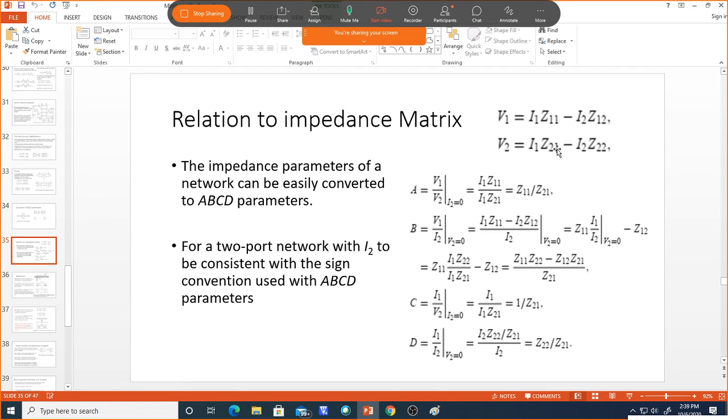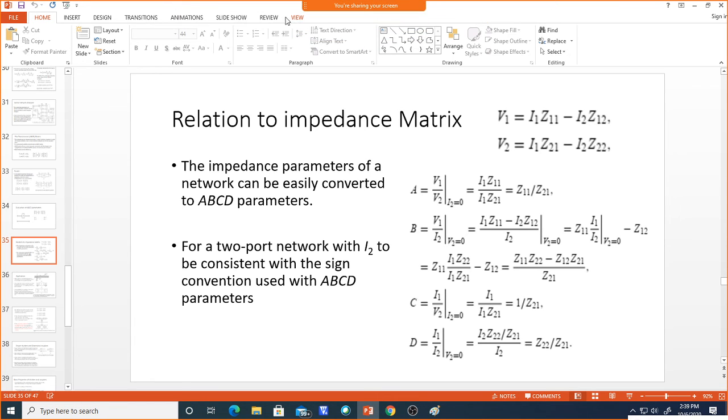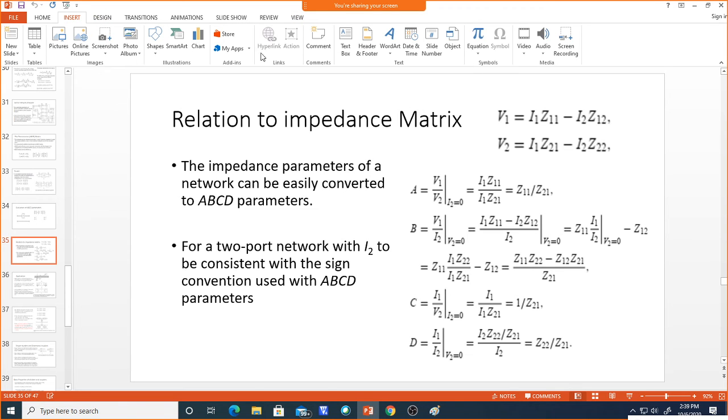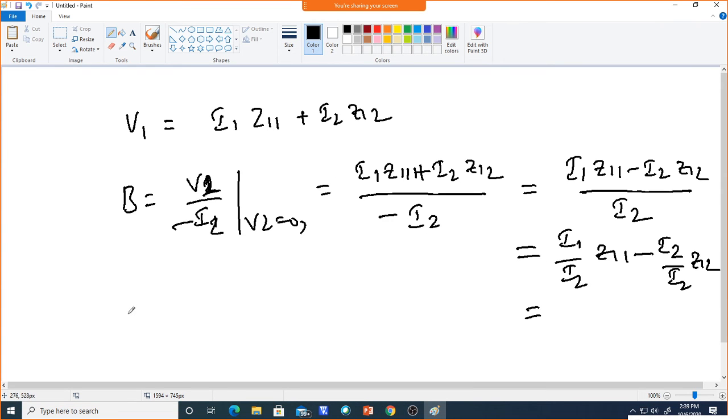Since V2 is 0, you can write here, insert, since V2 equal to 0, I1 Z11 can be equated to I2 Z12.